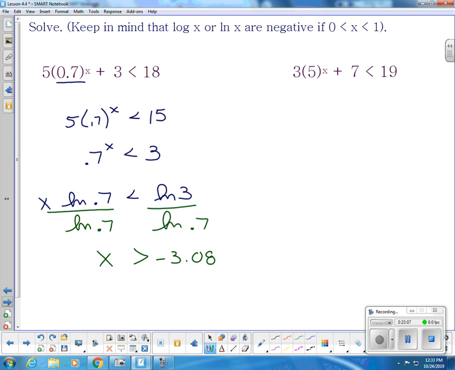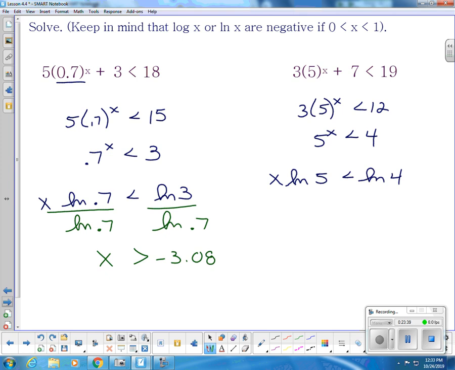Try this guy here. Is the natural log of 5 positive or negative?